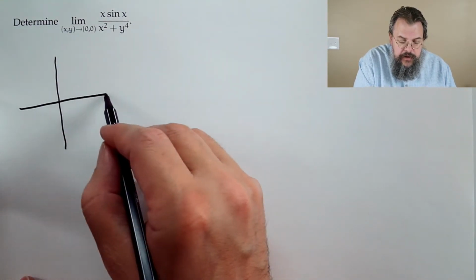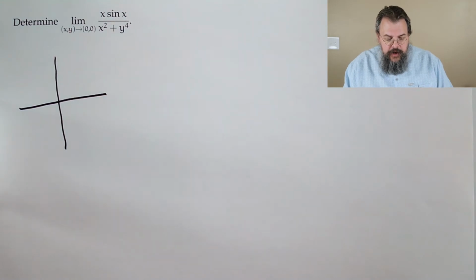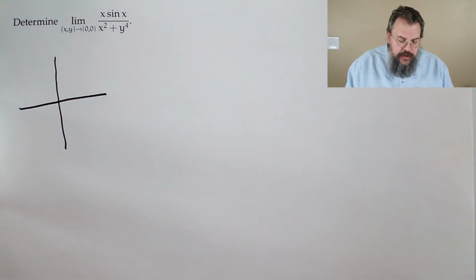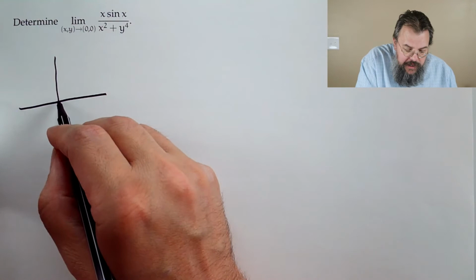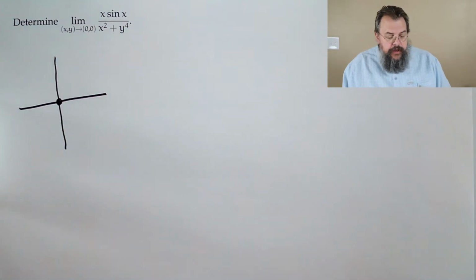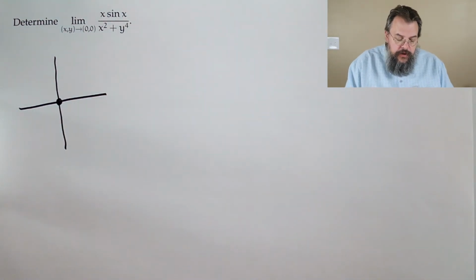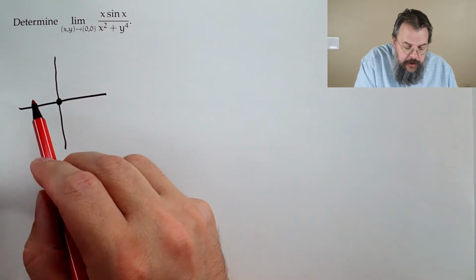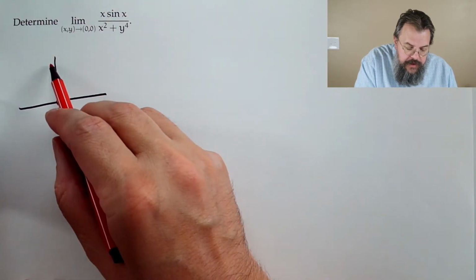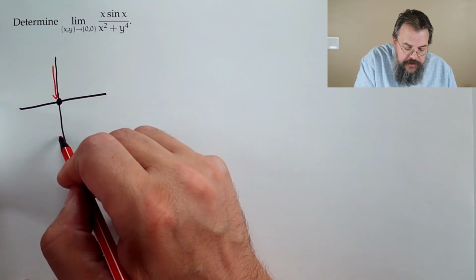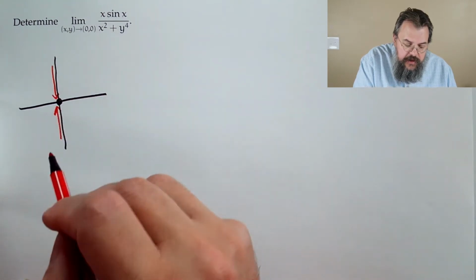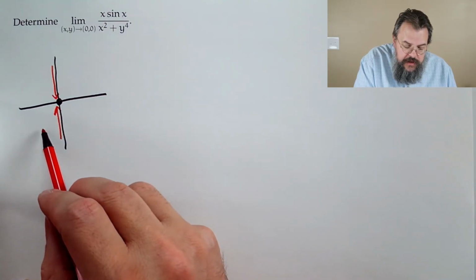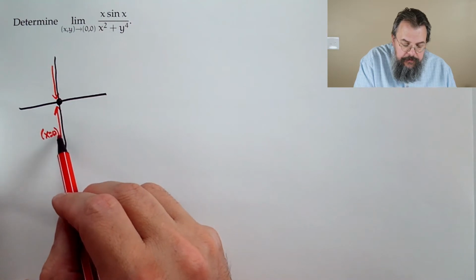So we mark it. We're heading towards the origin, right there. What are we going to do? Well, let's go from up down first, because this is really just along the line x equals 0.